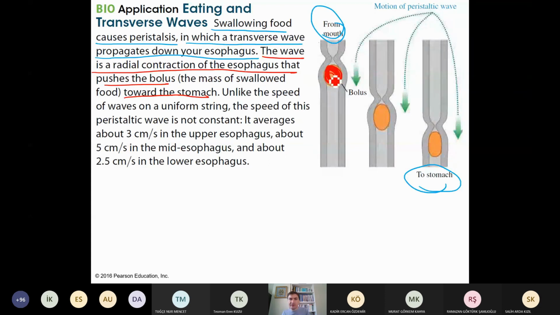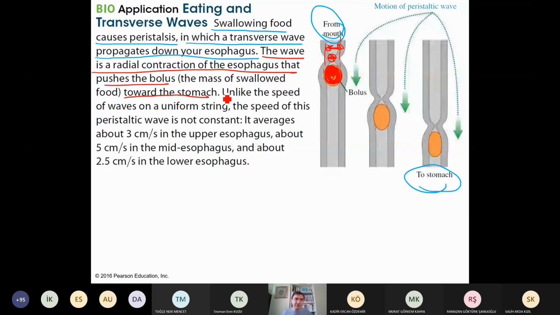And what do you see here? This is contracted, okay? Here you have some certain amplitude, let's say, and here you have a different amplitude. And with this motion, this bolus moves to the stomach.